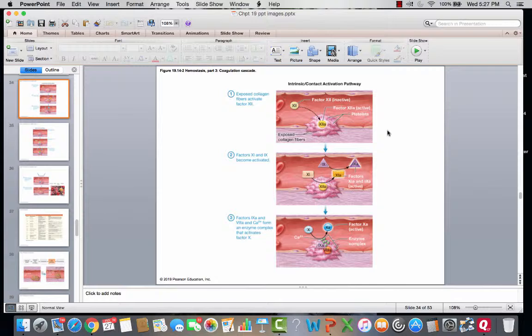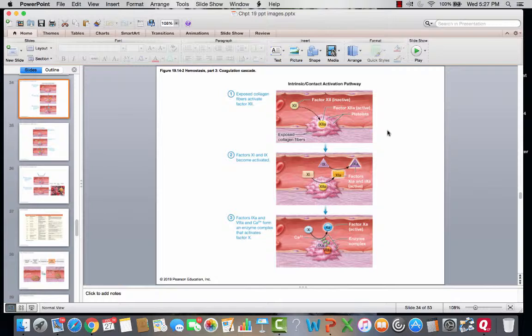In the diagram on page 740 are all the specifics of the formation of a fibrin clot and all of the different factors involved in that formation. We call these factors clotting factors.